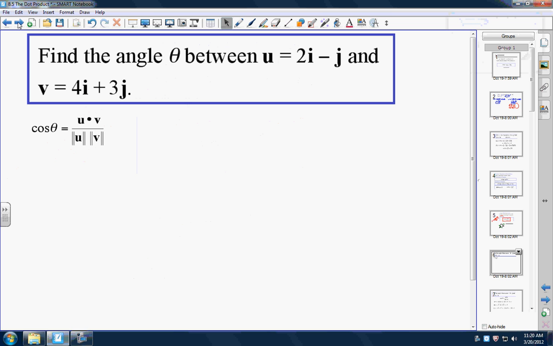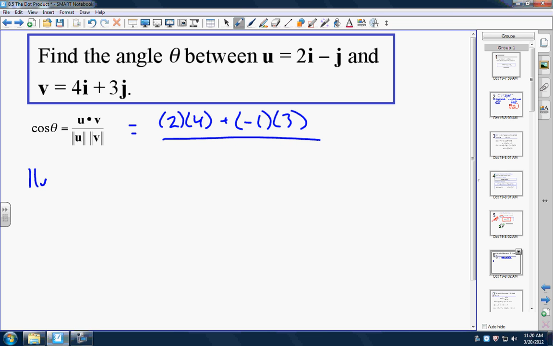So find the angle between these two guys. All we do is find the dot product on the top. Okay, magnitude of u, I'll find that guy over here just to keep everything nice and neat.